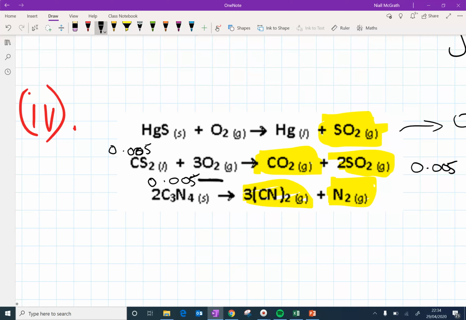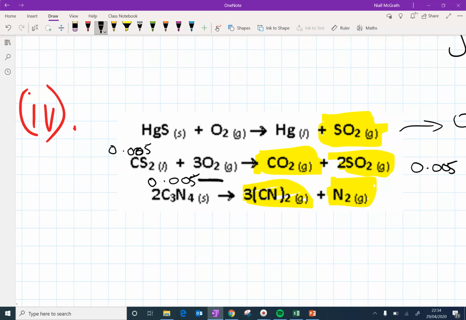It's the ratio that's changing rather than the actual number of moles. Up above it was a different equation, so there were different ratios involved. So we still have 0.005 moles of that C3N4, and using our ratios, you're able to calculate.